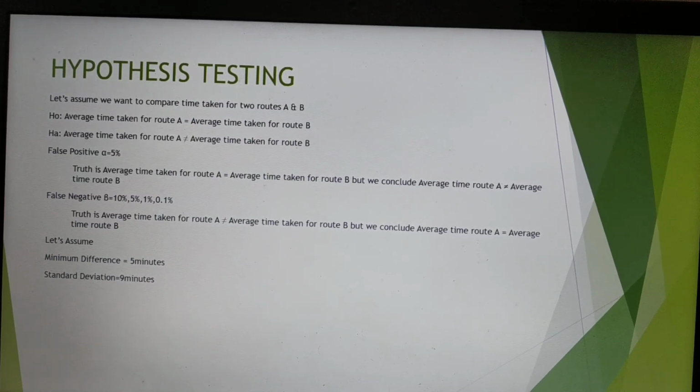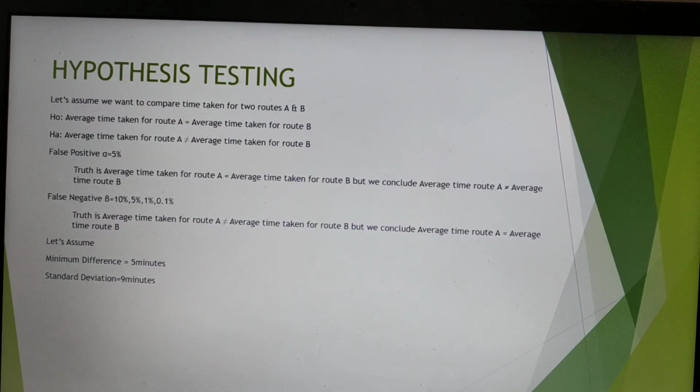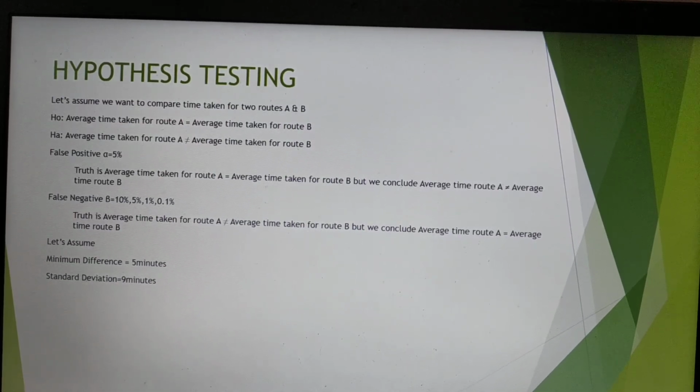and we would change beta. We'll keep reducing the beta from 10% to 5% to 1% to 0.1%. And for this, we'll assume that the minimum difference that we want to observe is 5 minutes.